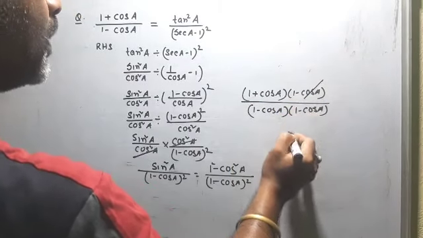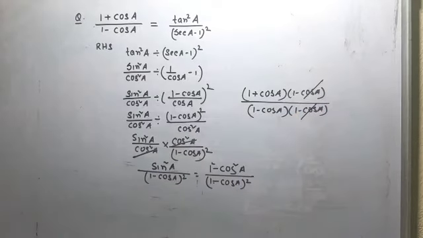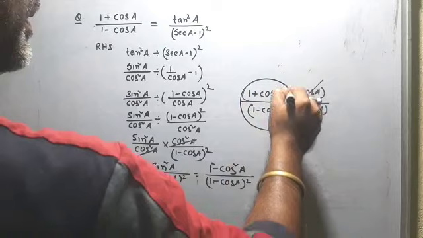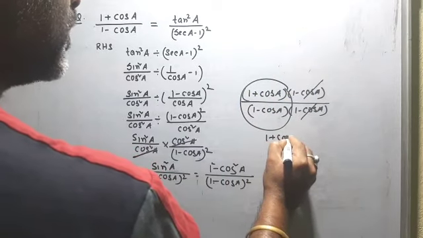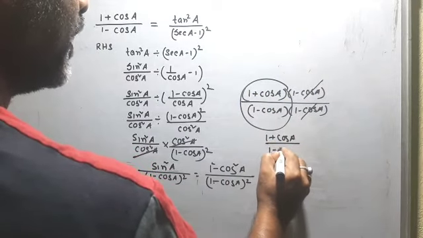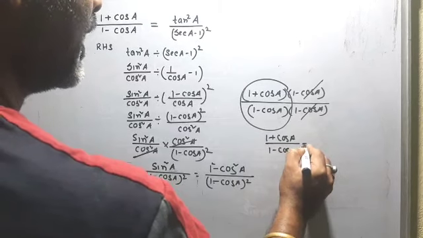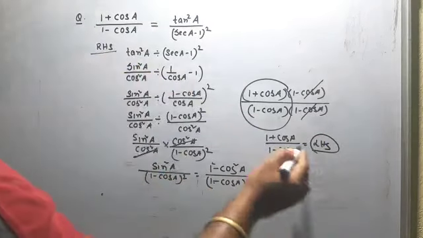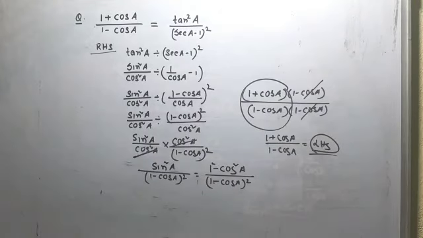So here 1 minus cos a and 1 minus cos a cancel. So you have only this one, 1 plus cos a by 1 minus cos a. That time this is your LHS. So I start with RHS and complete in LHS.